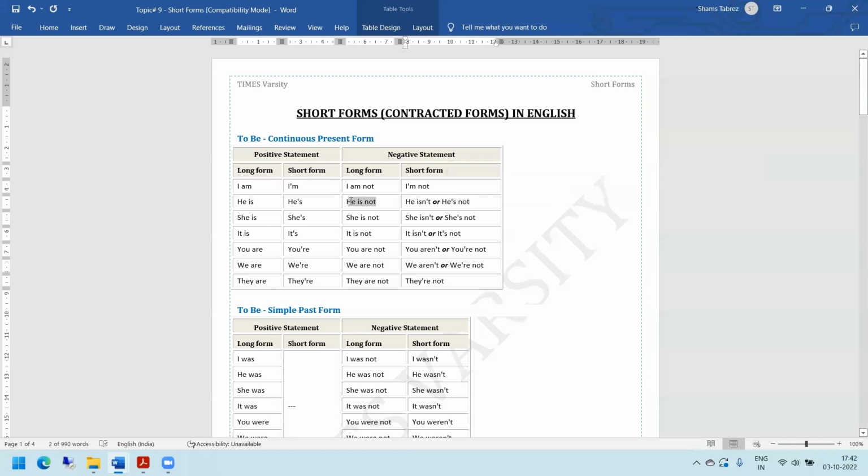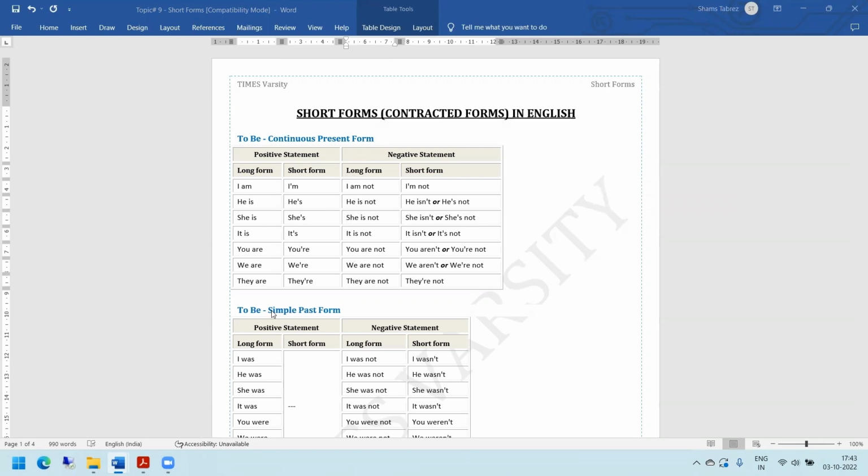This is the long form, and this one is the short form. Similarly, she is, short form she's. She is not, she isn't. All right, so these are the short forms used in the continuous present form.